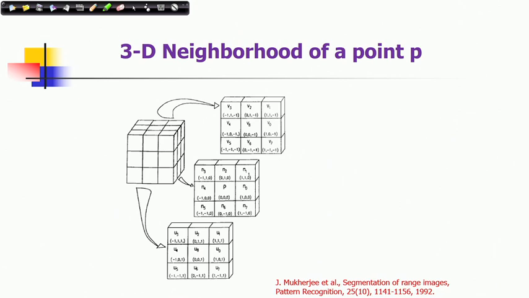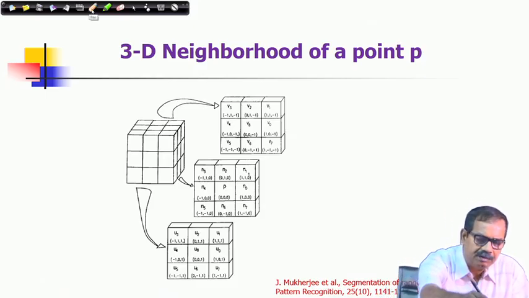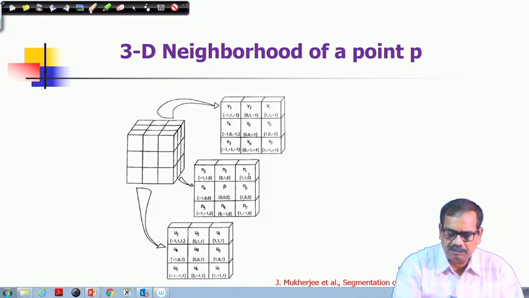First, let me explain how the three-dimensional neighborhood of a point is described. As you know, in a discrete space, a three-dimensional neighborhood can be described by extending the notion of two dimensions itself.